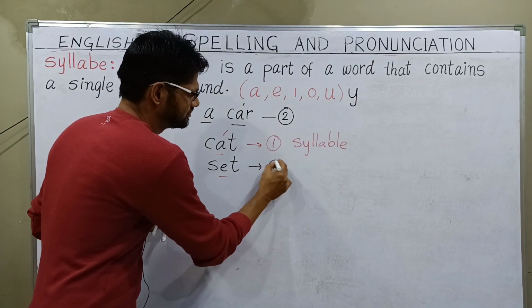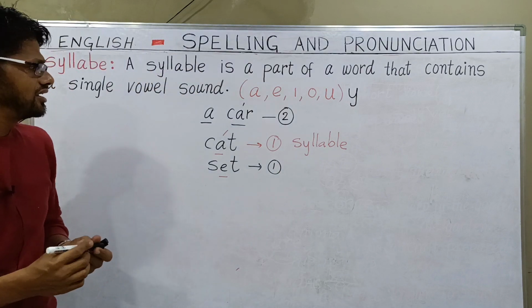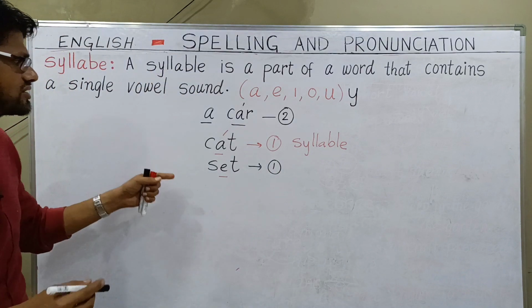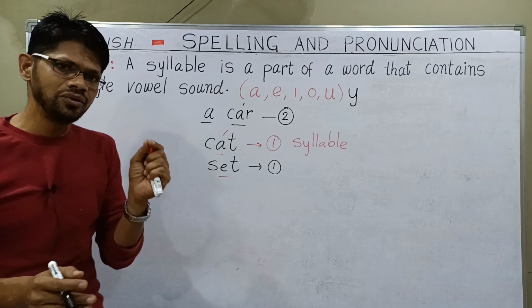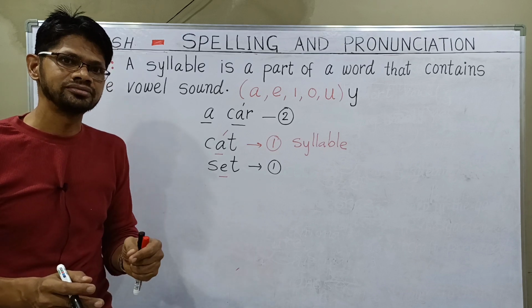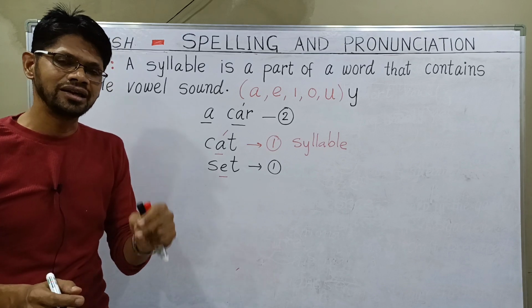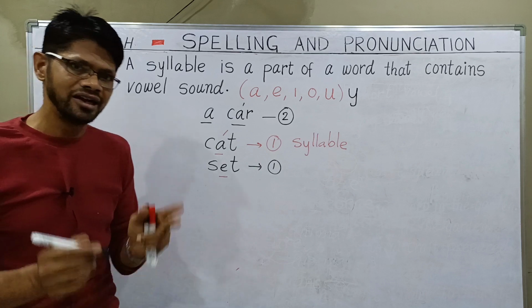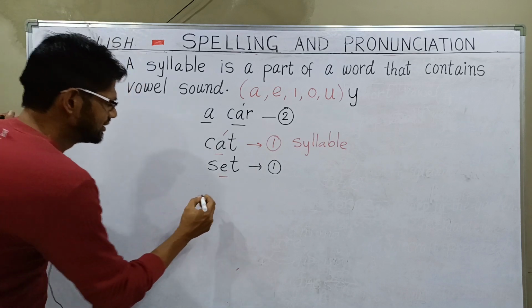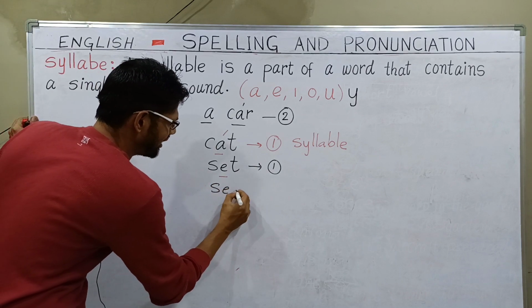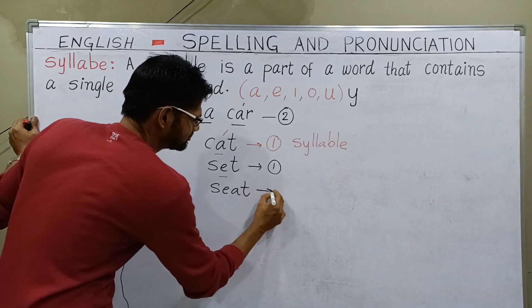Here one syllable. Okay. Similarly, it is not necessary that only one vowel gives one sound. Two vowels also can give one sound. Let me give you an example. For example, S-E-A-T, seat.